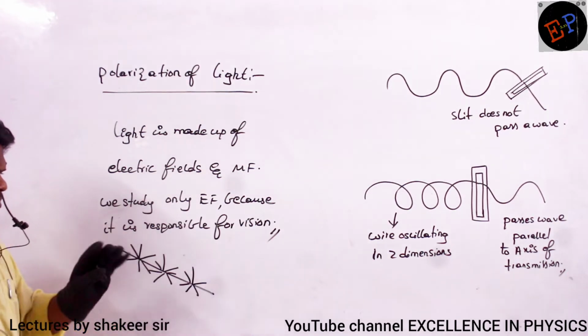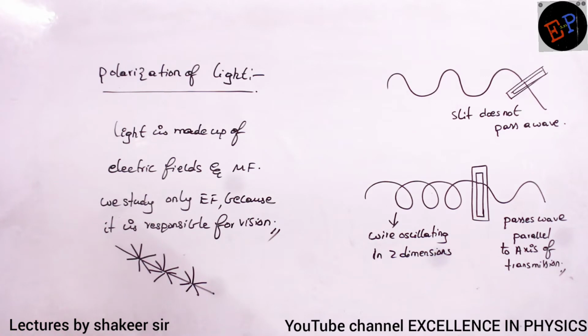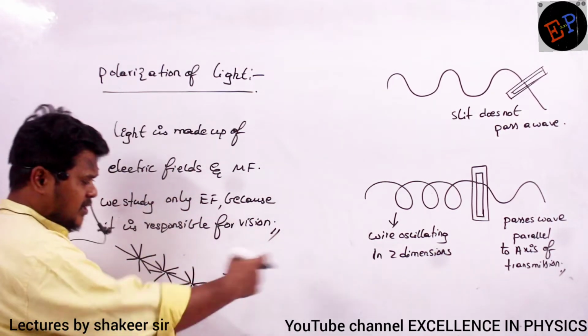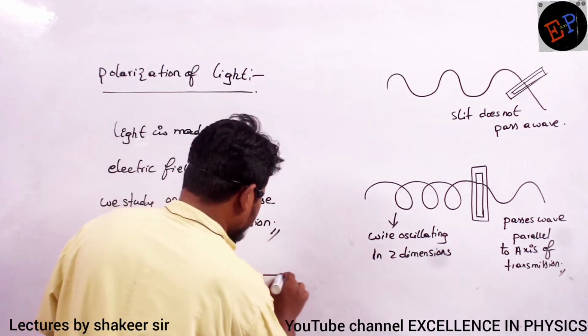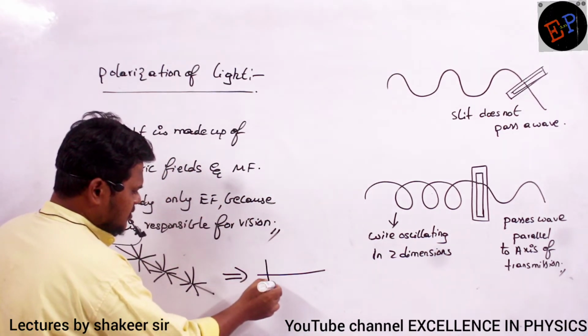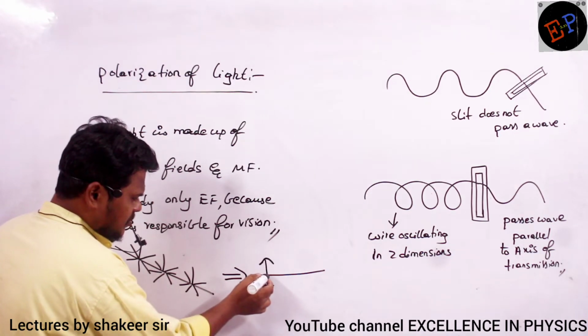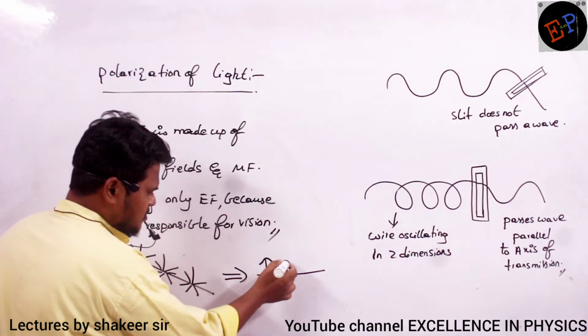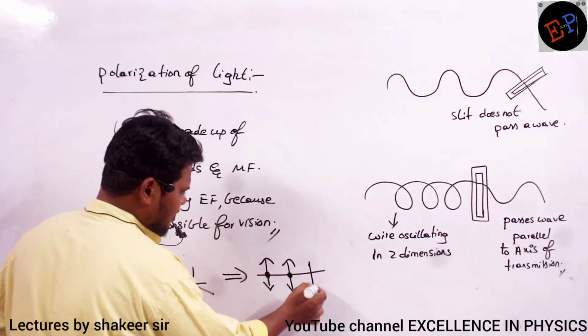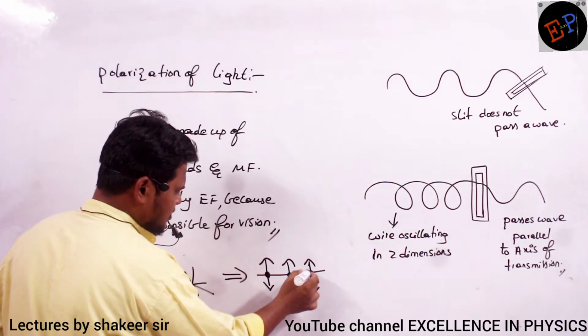Magnetic field is also present, but we are neglecting it. So I will convert these electric fields in every direction to only 2 directions. I will take the vector sum of all of them; this is one electric field, and a dot represents another electric field.